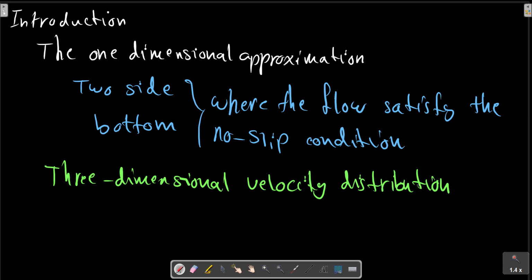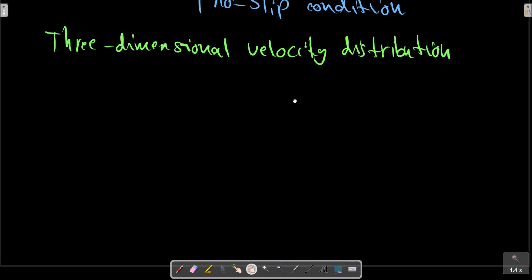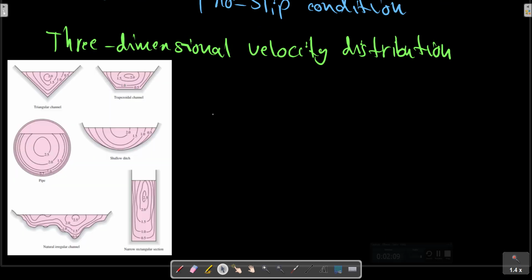Some measurements of straight channel velocity contours are shown in this picture here. The profiles are quite complex, with the maximum velocity typically occurring in the mid-plane about 20% below the surface.